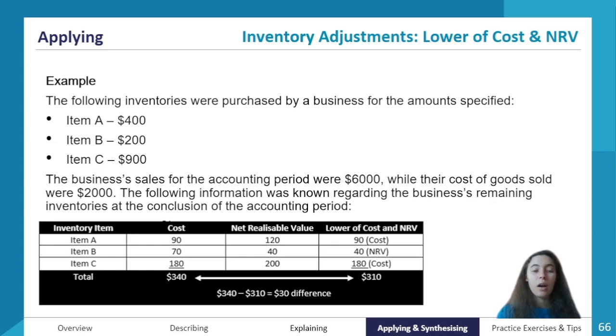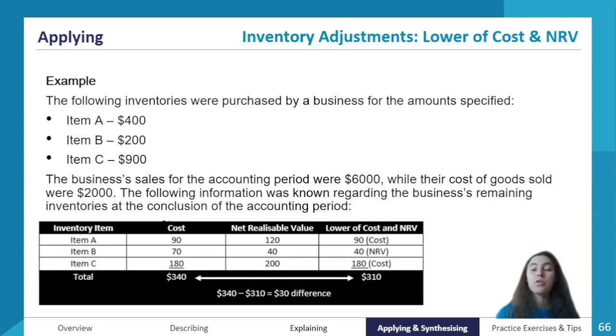So the inventory item, we've got the cost $90 worth of that item A. So we did buy 400, but at the end of the accounting period, we've got $90 worth of item A left. And then the net realizable value is 120.